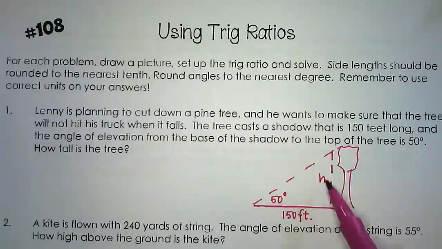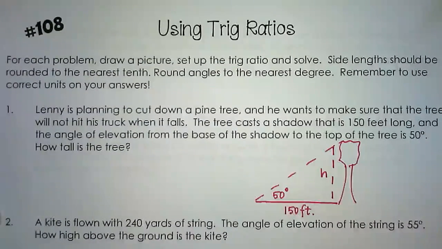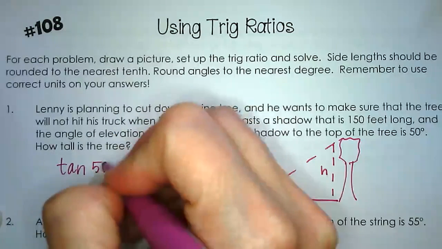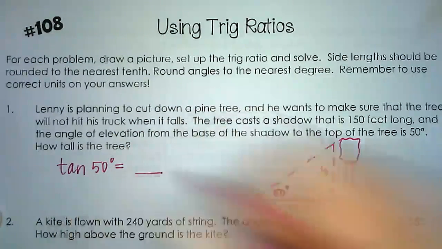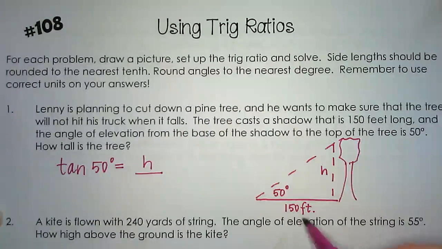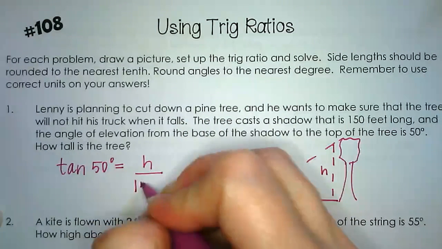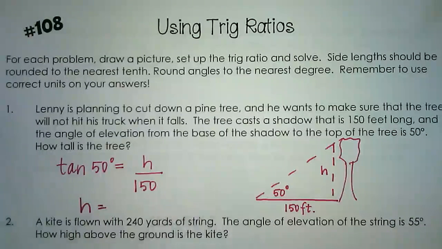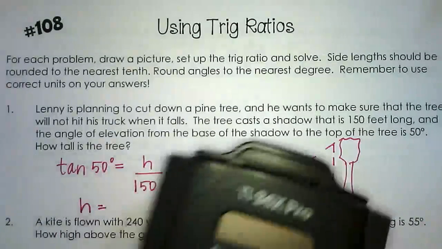So if we have opposite and adjacent, that looks like tangent. So the tangent of 50 degrees, opposite would be h over adjacent would be 150. So I need to multiply these two together.